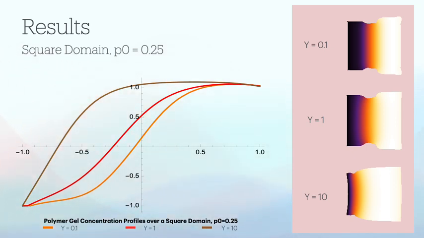Notice also that in the profiles given to the right, we have a larger occupied area on the right of the visual, where the light color, or the swollen phase, is, whereas the dark color on the left is slightly smaller, which indicates the deswollen phase, particularly when the Young's modulus is set to 10.